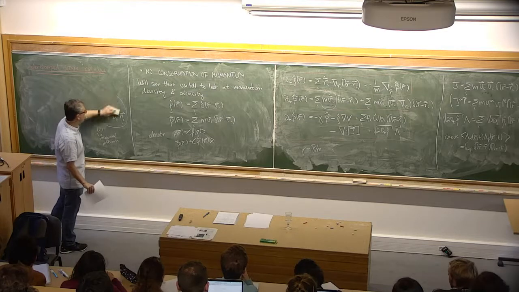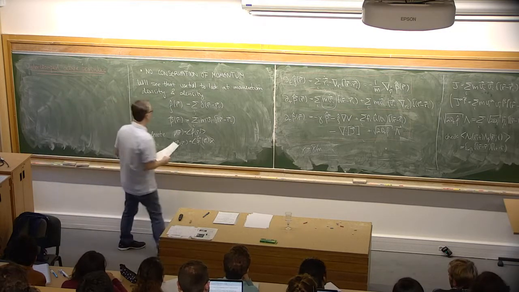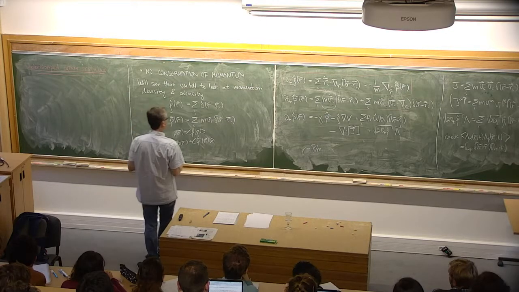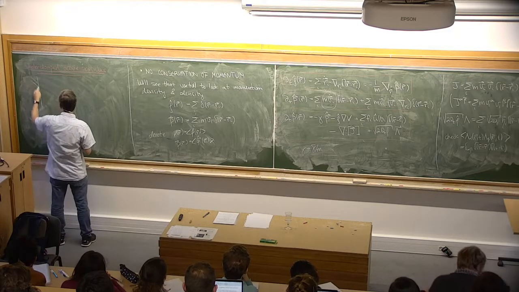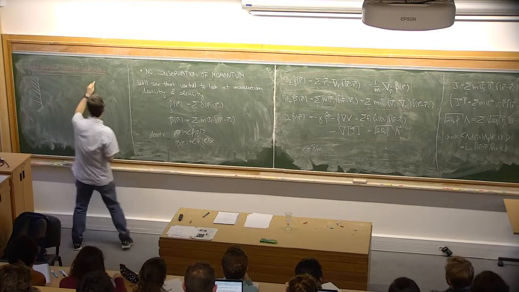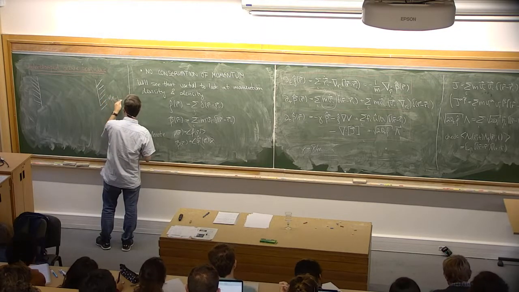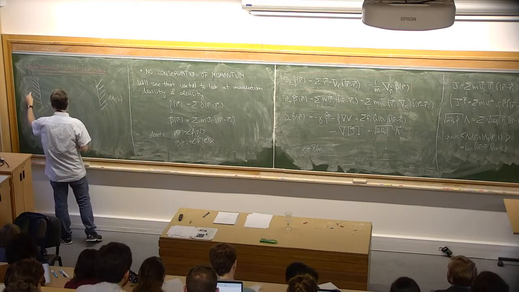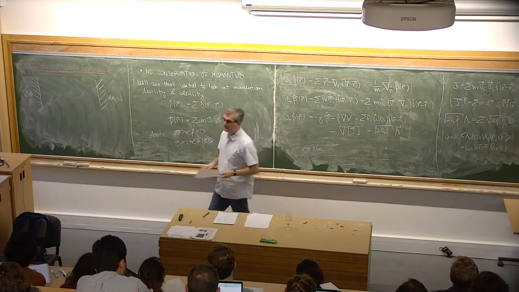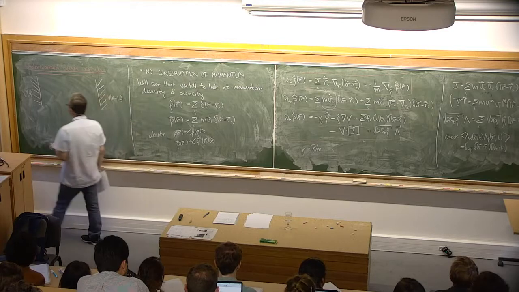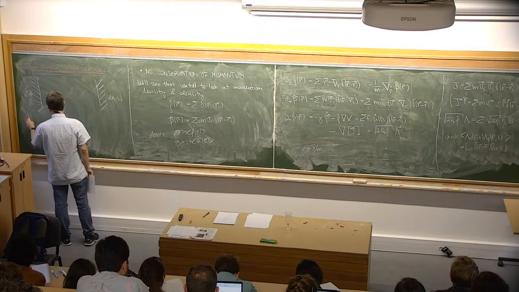Okay, so what I want to do is look at a very simple geometry. I'm going to look at a two-dimensional system between two walls. So there's V of x at minus L and V of x at L. And just to keep the notation simple, this system has periodic boundary conditions in the y direction.